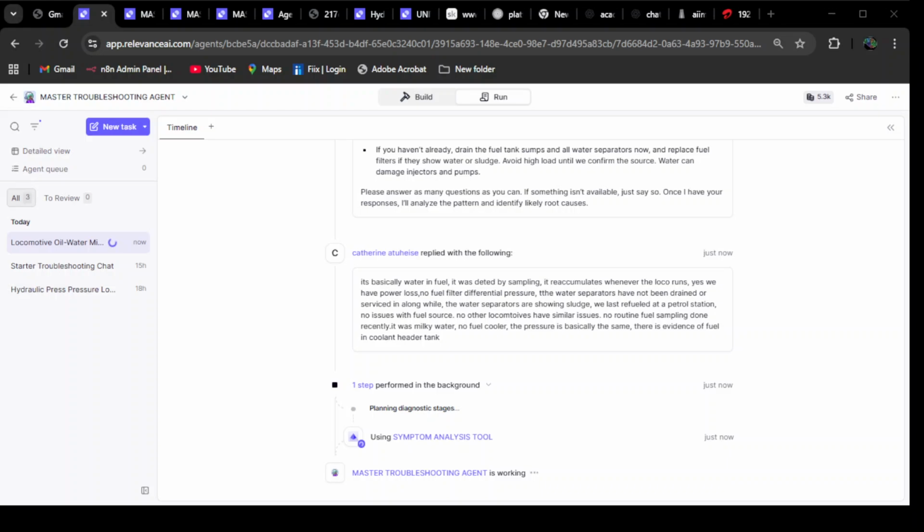So it's now using the symptom analysis tool. After it has gotten everything it needs, it's now using the symptom analysis tool.